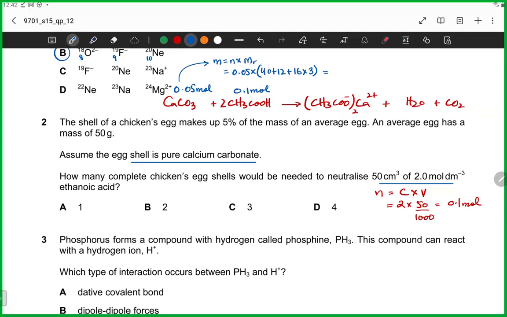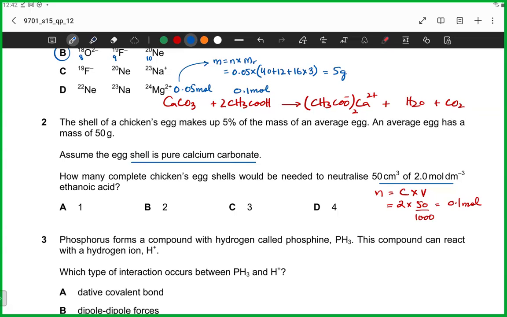Oh wait, I made a mistake. One sec. We're going to get 5. So you're getting 5 grams, right? Yeah. So you need 5 grams of calcium carbonate.